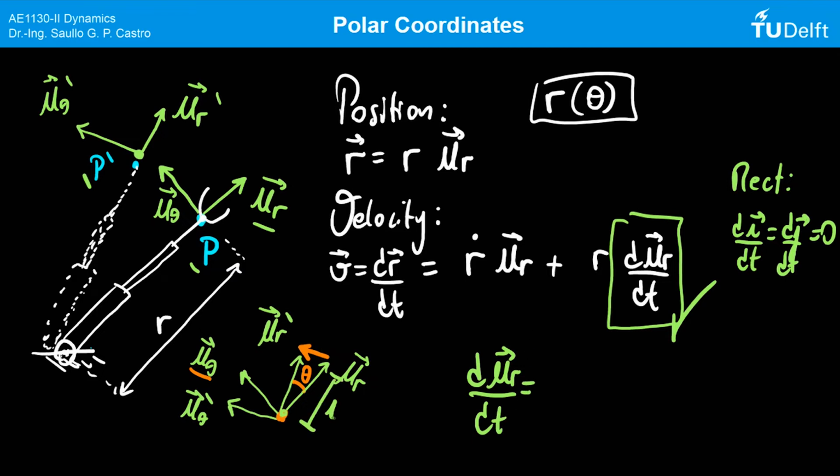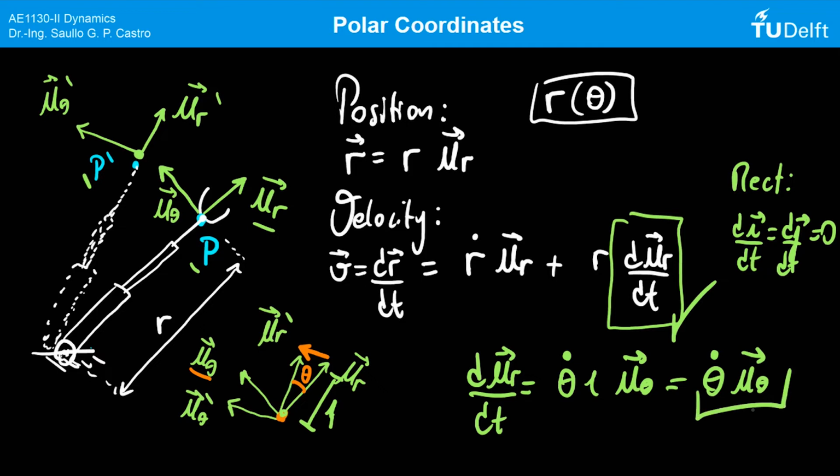Since this is a unit vector, the magnitude here is 1. So this would be theta, the variation of theta with time, multiplying 1, multiplying the direction u theta, or just theta dot u theta.